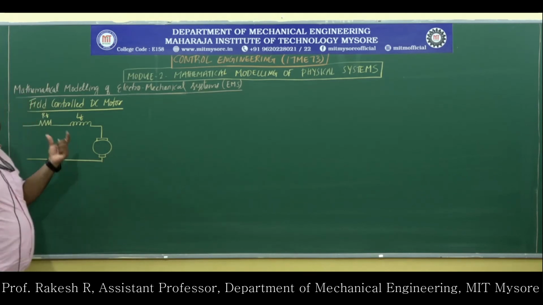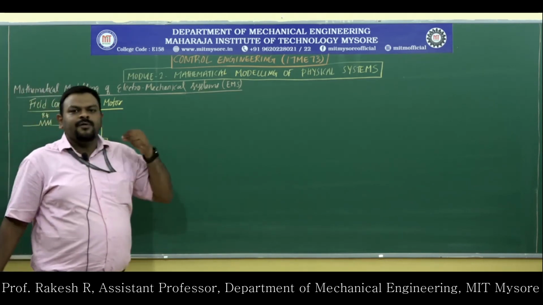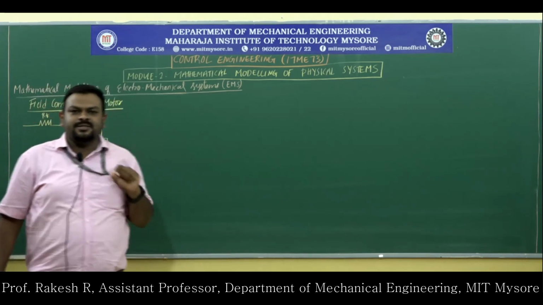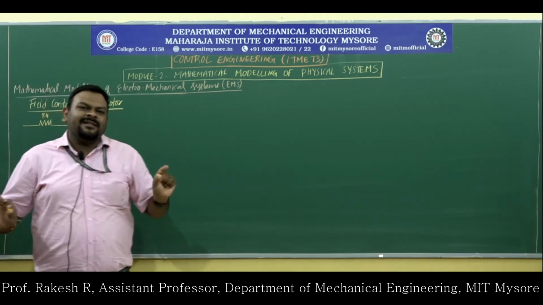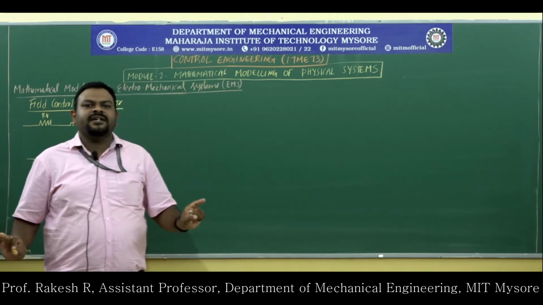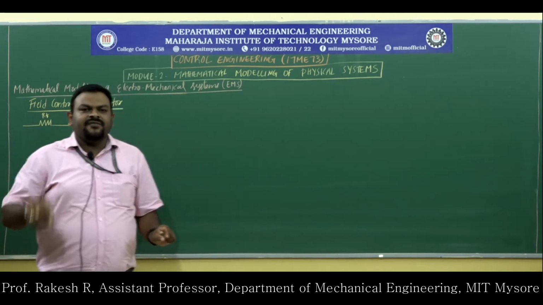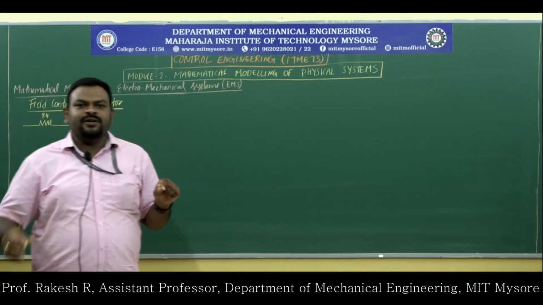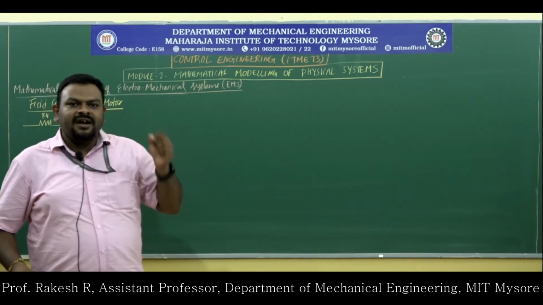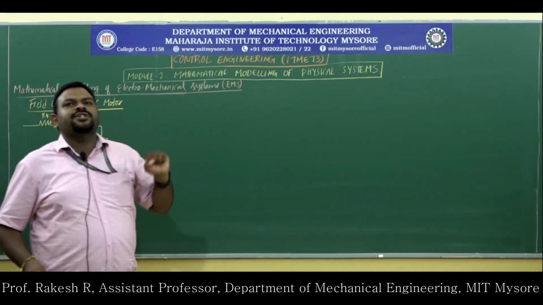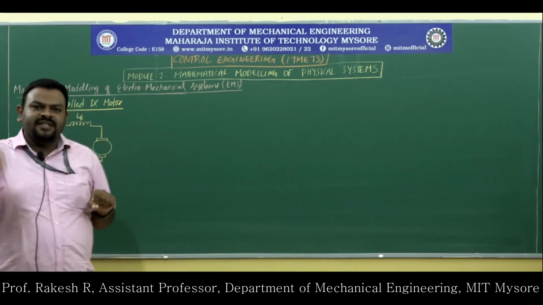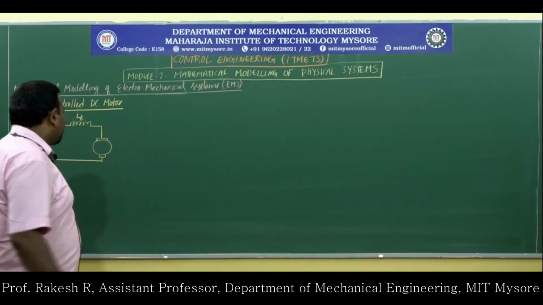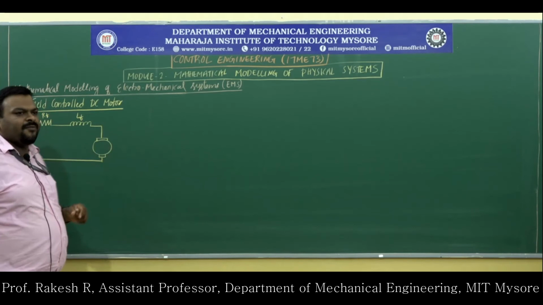So here in field control there is no back EMF. Since we are exciting an external field circuit, there will be no back EMF generated in the field. The advantage of field control is whenever we want to rotate a motor for a long duration and the motor has a large amount of inertia, then we will excite the field supply voltage. For smaller powers, armature supply voltage.